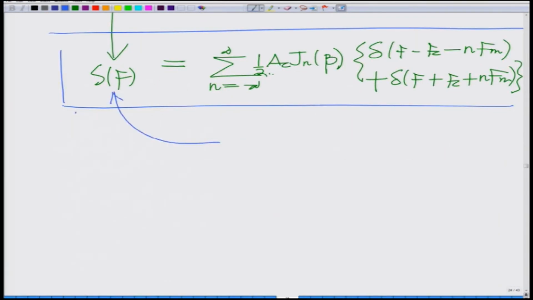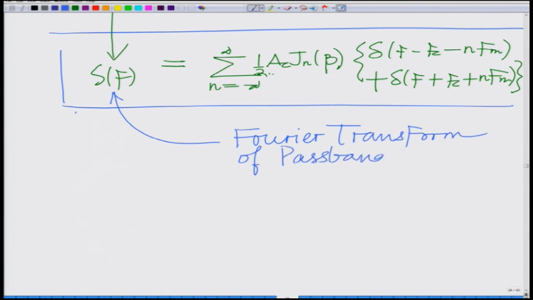This is the Fourier transform of the passband FM signal, and you realize that it depends on this new function that we have seen.